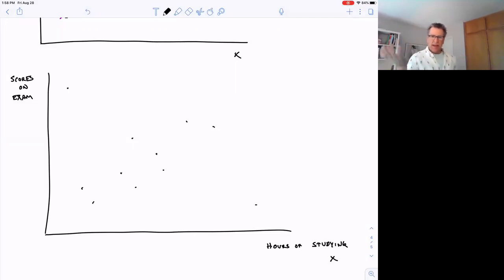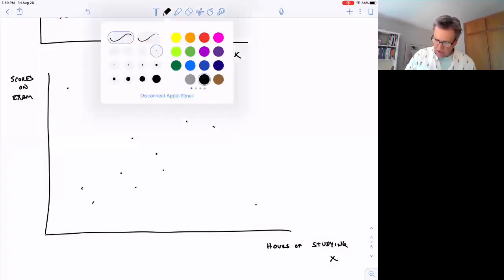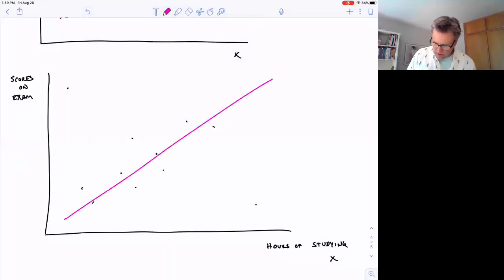Well, the first step to see if that's true is to collect some data and run a regression and hope that the regression line is positive. There's a positive slope to it. So we run this and say, yeah, there's certainly outliers, but it does look like there's a positive correlation between the two.